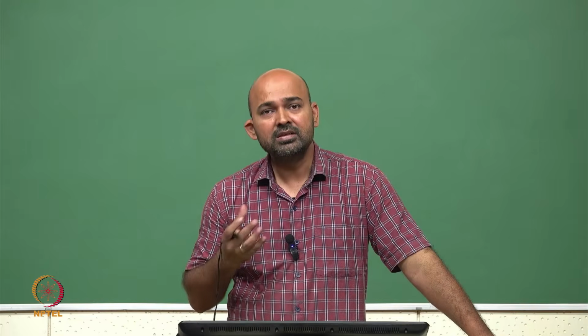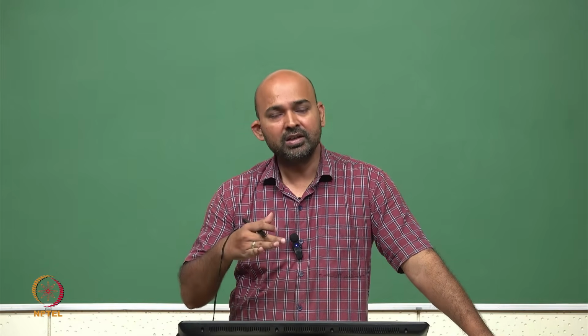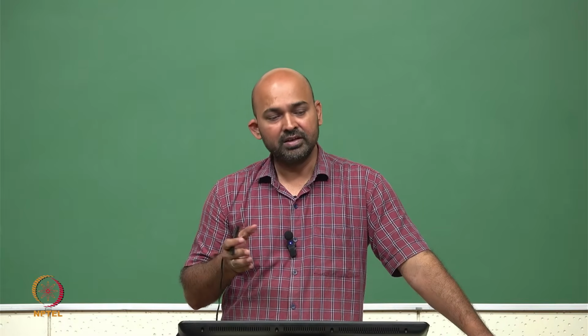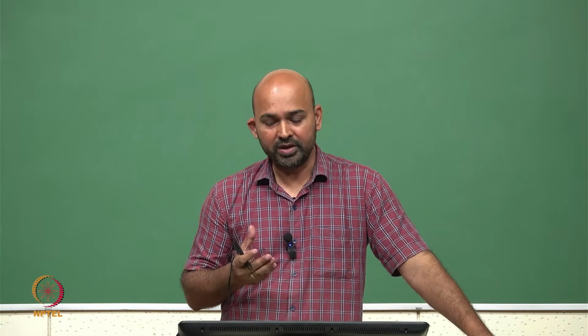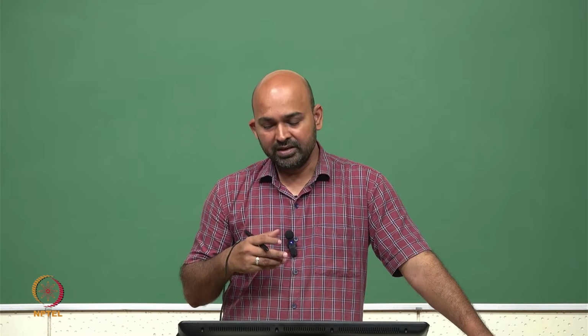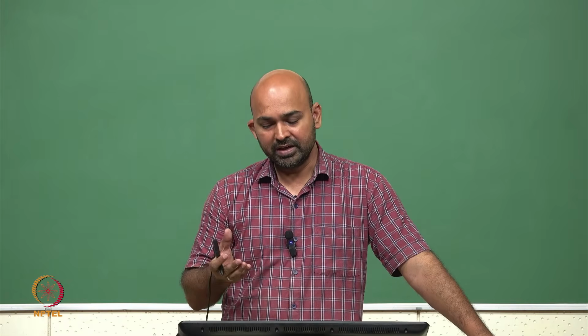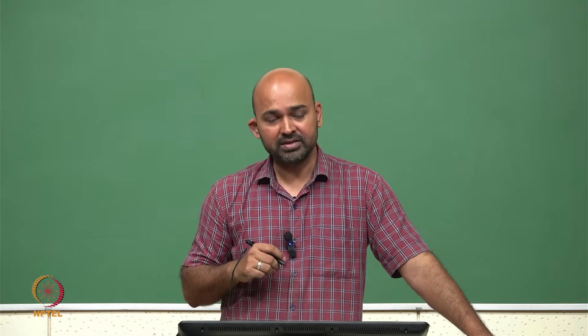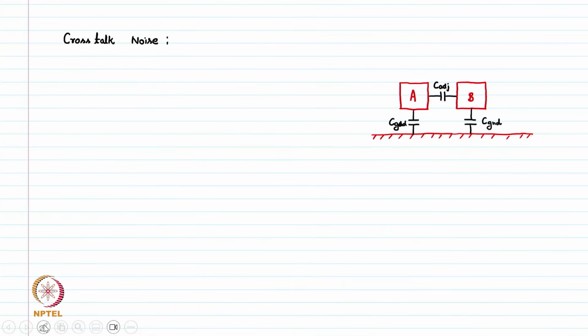So this coupling is actually causing noise in the adjacent wires, and that is called the crosstalk noise, which is an undesirable effect, but it is there because of the adjacent capacitance C adjacent and C ground. So let's write it down. These crosstalk causes noise on non-switching wires.